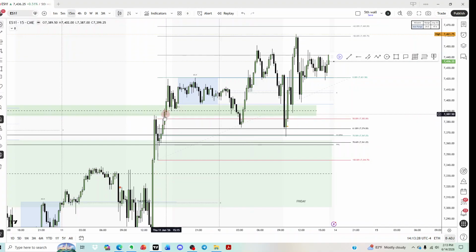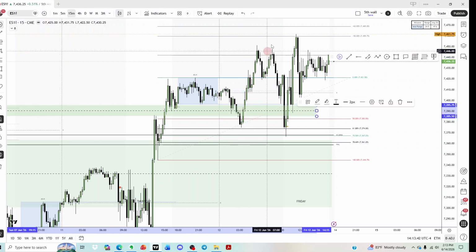And you have this small fair value gap here. You could consider that reclaiming this level, the midway point of this fair value gap, a reclaimed bullish fair value gap, to consider trading above the Asia range. And you can see price holding above the Asia range and then violating it, right?